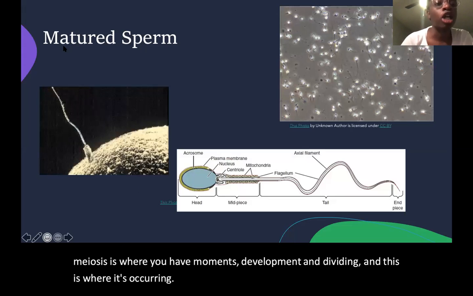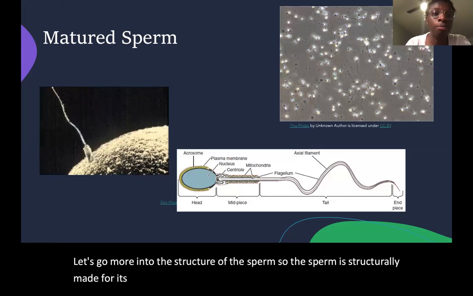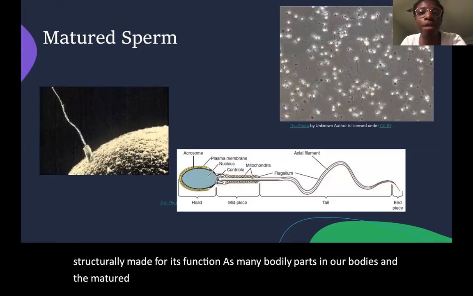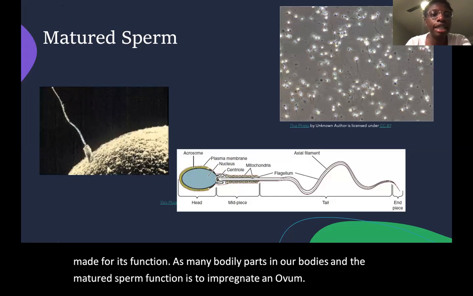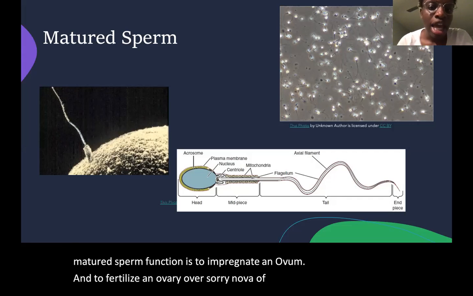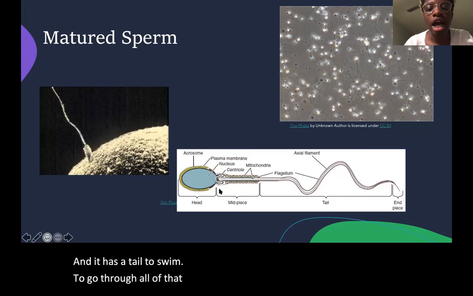Let's go more into the structure of the sperm. So the sperm is structurally made for its function, as many body parts in our bodies. And the matured sperm's function is to impregnate and fertilize a female ovum. And it has a tail to swim, to go through all of that uterus mucus, to move around.